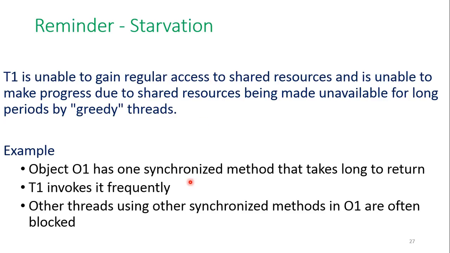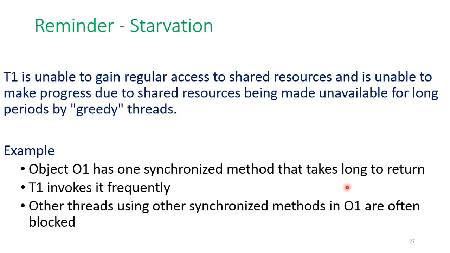An example, not too concrete, but abstract. We have an object O1 that has one synchronized method, and this synchronized method takes a long time to return, to complete, okay? We have a thread T1 that invokes this method repetitively, all the time. It keeps calling that method.